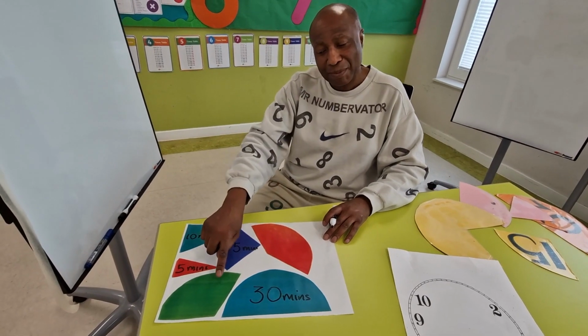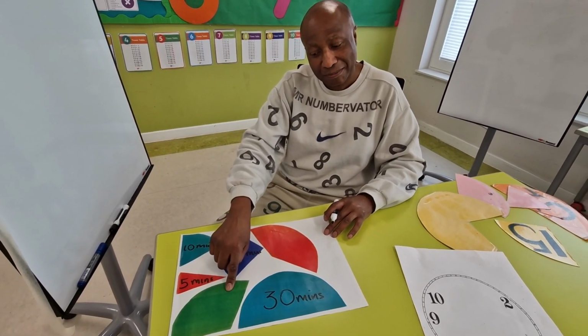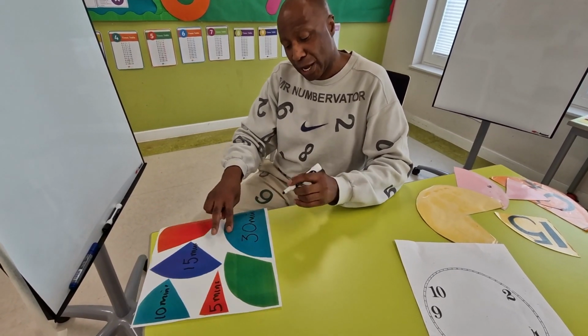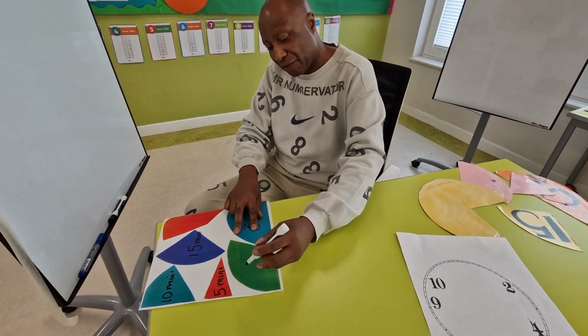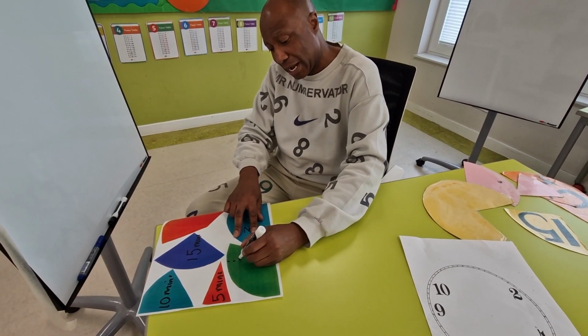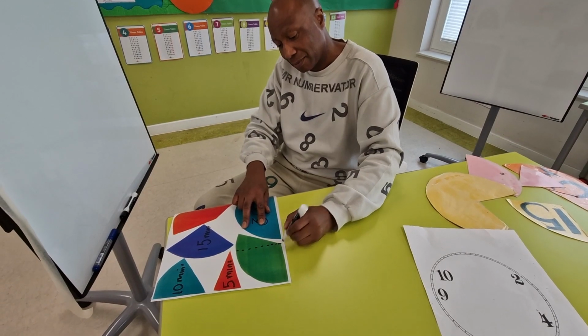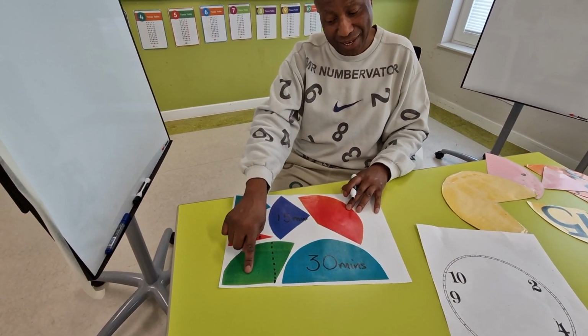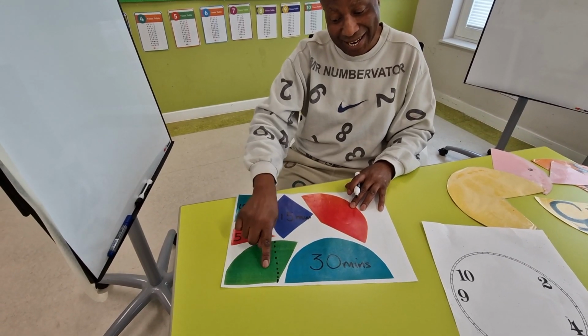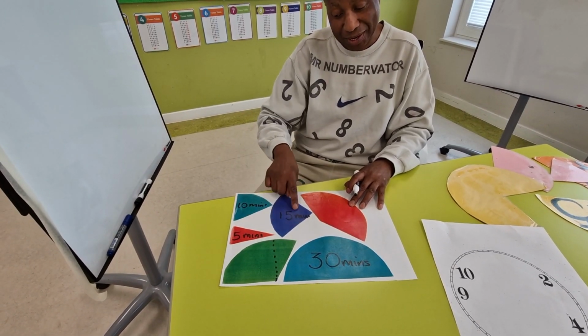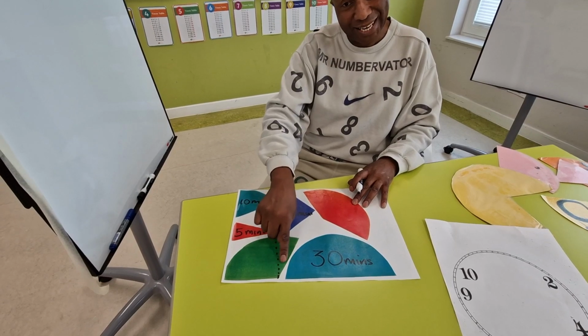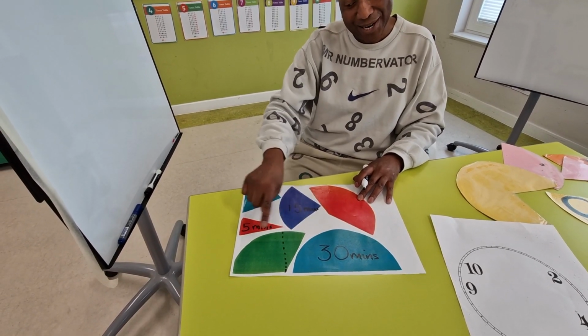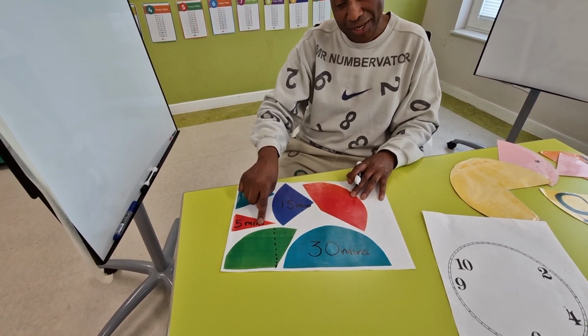I wonder how many minutes this one is worth. Let me try and help you. If I put a line down like that, does that help you? Because this sector here is exactly the same size as this one now. And this sector here is exactly the same size as this one.